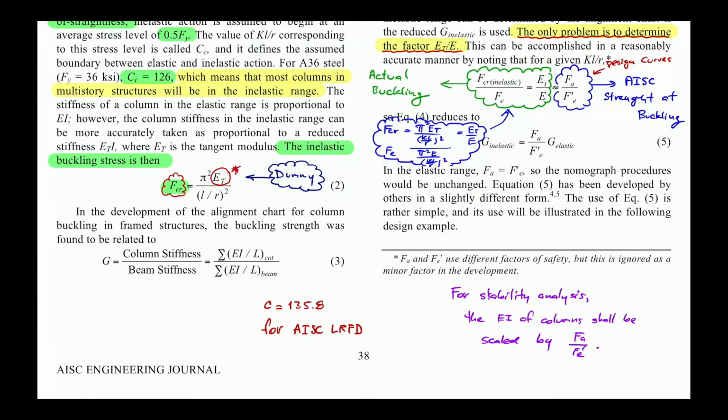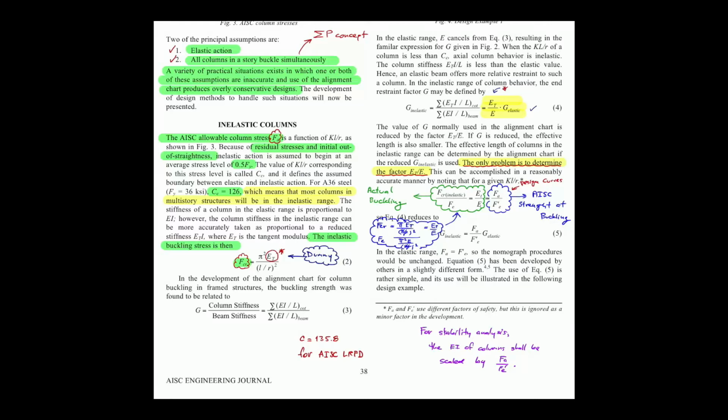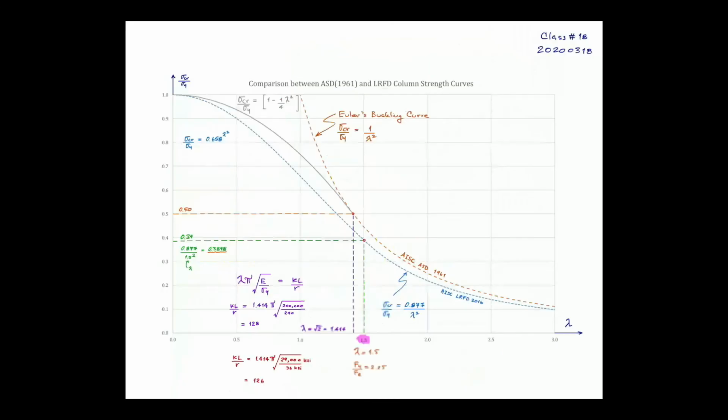That's going to make it more, right? 126, and then for this one 135, so more cases will fall into inelastic buckling if you use the new AISC. It is not that new, of course, it is a long time already, LRFD.